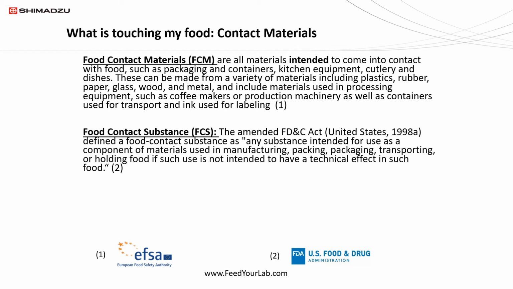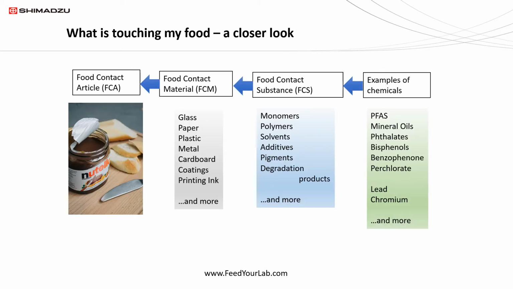Now, there are also food contact substances, and those are substances that are used as components of the food contact materials. But instead of looking at these definitions, let me give you some examples of what these compounds are.